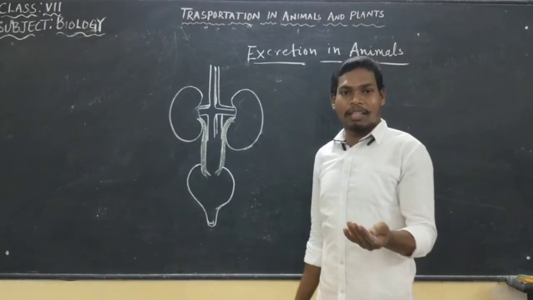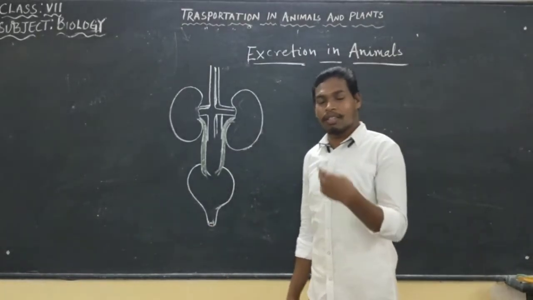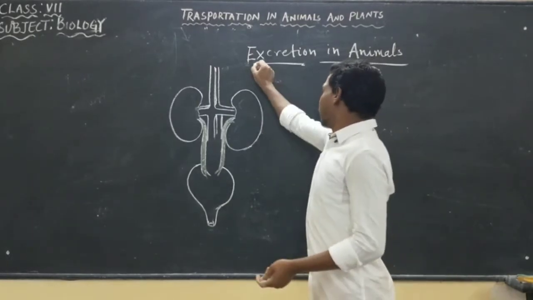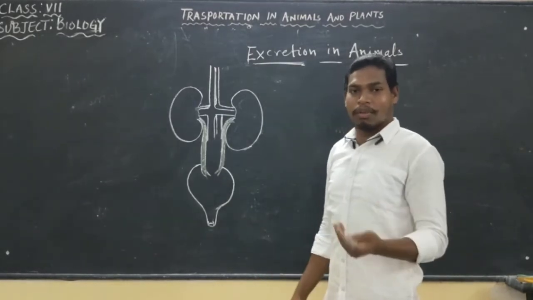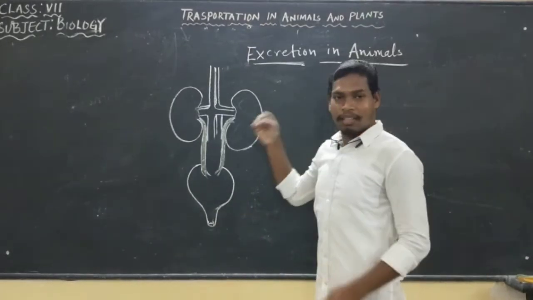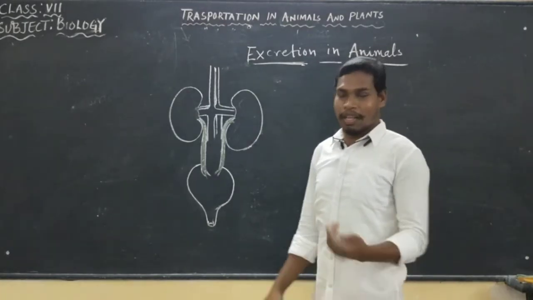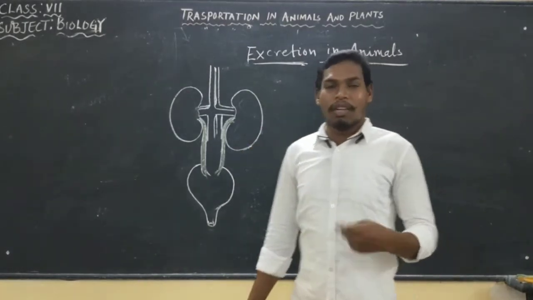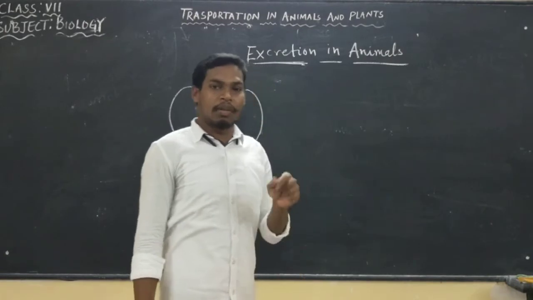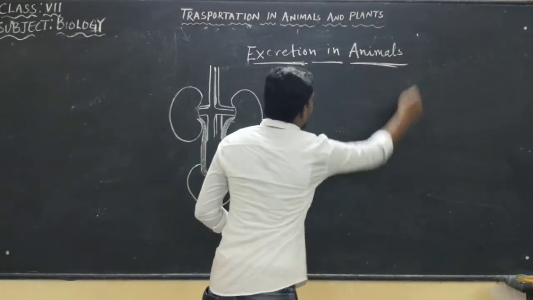Since carbon dioxide and the undigested food are waste substances, they get excreted out from the body through excretion.